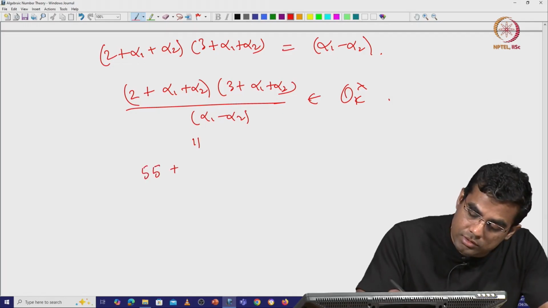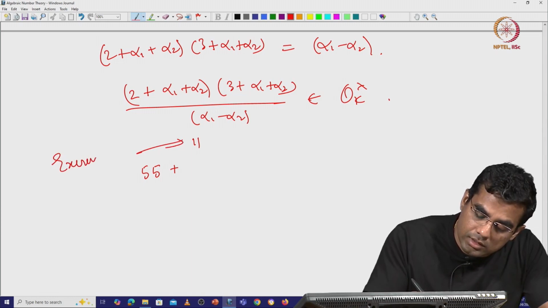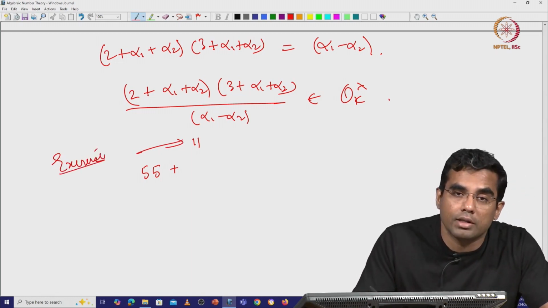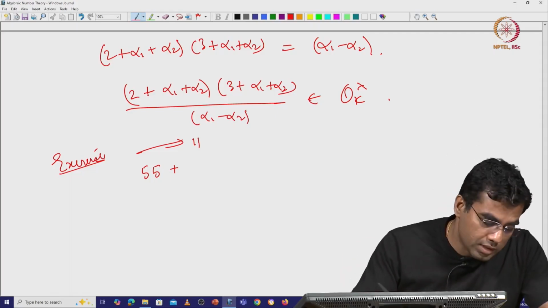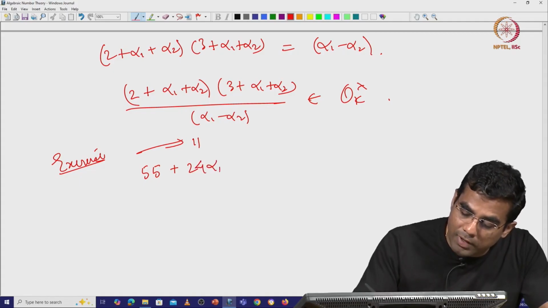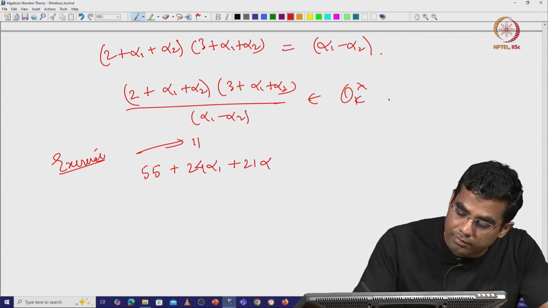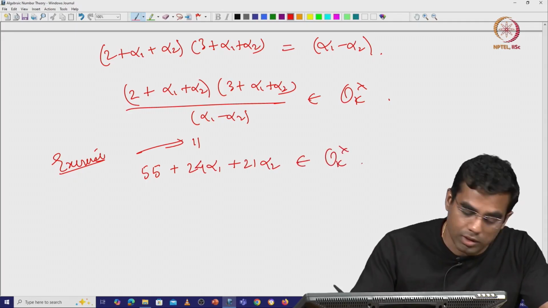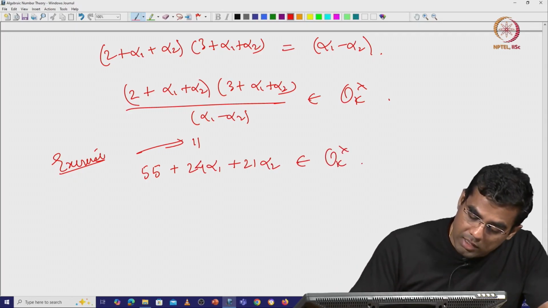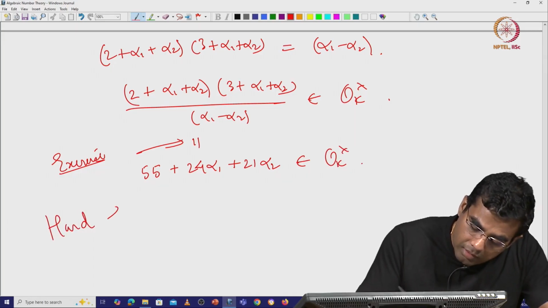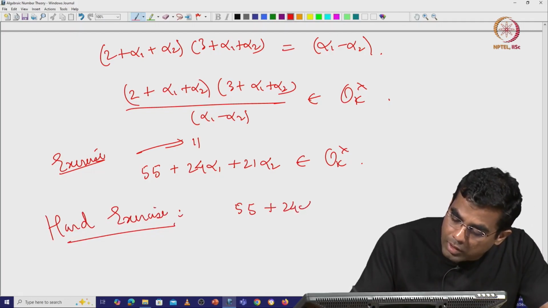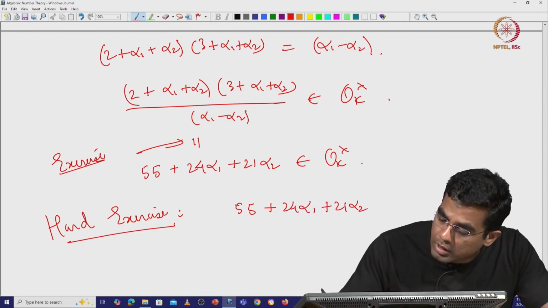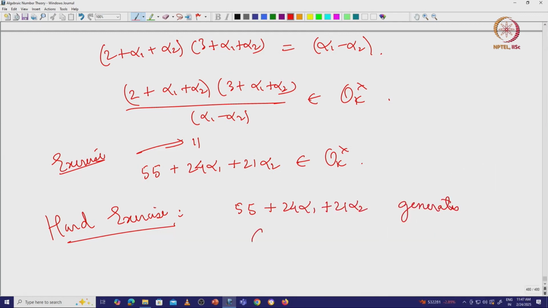But you do the computation, and what turns out to be the case is, so this is again an exercise, you have to use the relation between alpha 1 and alpha 2, alpha 1 squared, alpha 2 squared, alpha 1 times alpha 2 and so on, but this turns out to be 55 plus 24 alpha 1 plus 21 alpha 2, and this turns out to be a unit, right. And here is a hard exercise, if you like to do it, that 55 plus 24 alpha 1 plus 21 alpha 2 generates O_K cross modulo its torsion.